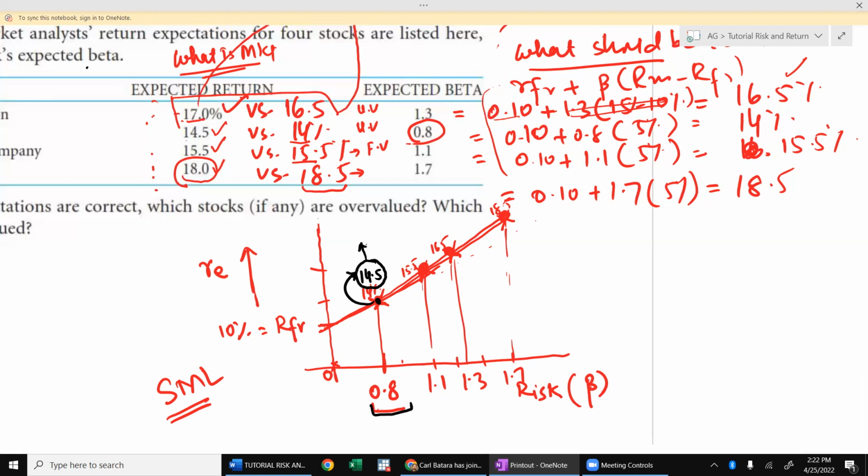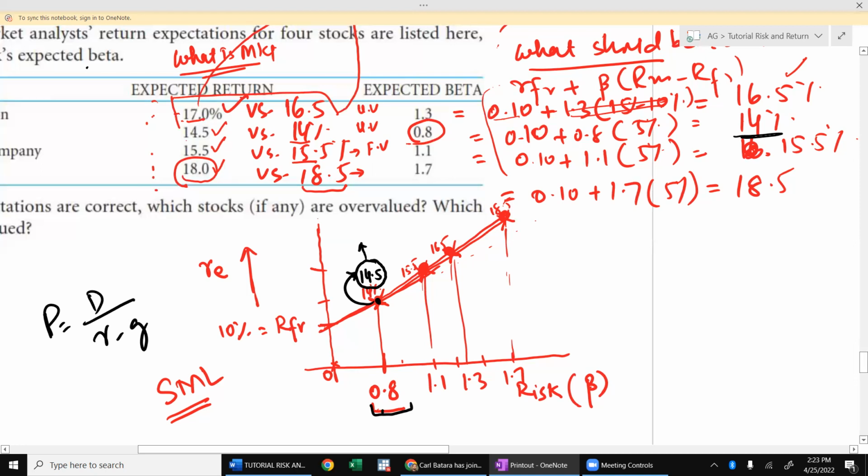CAPM says that you should require 14% when the beta is 0.8, but in the market, people are requiring 14.5%. So is it a case of undervalued or overvalued? Undervalued. Very good. That is why I wanted to draw it here, because students normally get confused. The 14.5% is above this CAPM line, so they misinterpret it and call it overvalued.